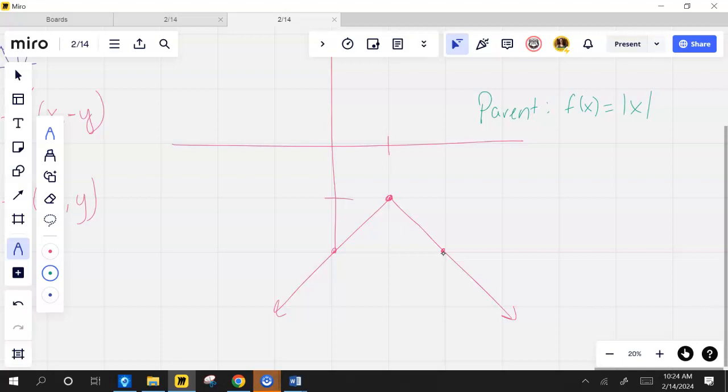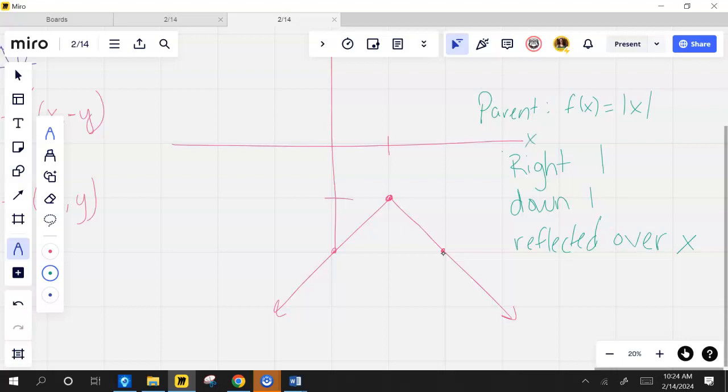From the parent, what are the transformations that are occurring on this graph? All right, we know that it moved to the right. How many? And it went down 1. And it was reflected in what? Reflected over X or Y? X. Because it's upside down.